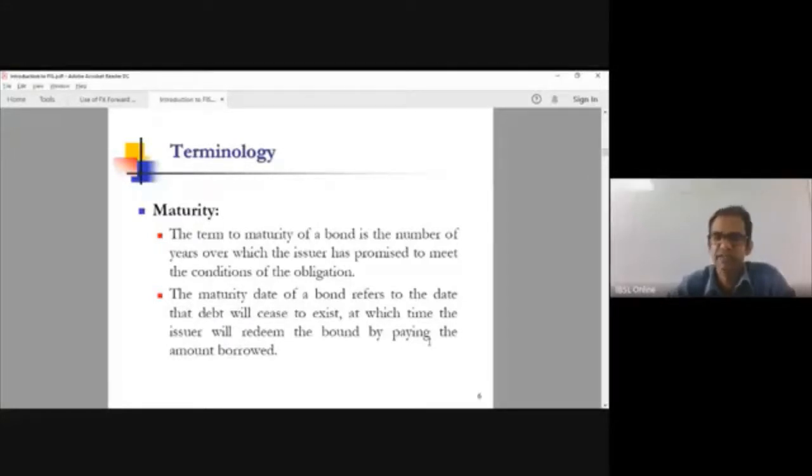After the maturity date, there's no such debt. By that date, the borrower should redeem everything by paying the amount borrowed. It may be the amount borrowed or the amount agreed to pay.